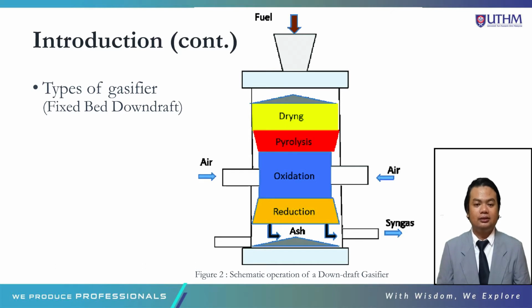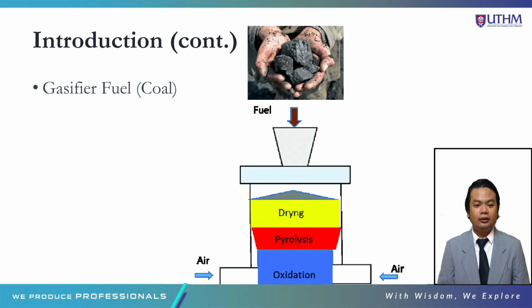Downdraft gasifier is one of the fixed bed type gasifiers that is most commonly used due to its easy fabrication, operation, and production of low tar content. For gasification fuel, coal is a reliable power source that is used for the gasification process.